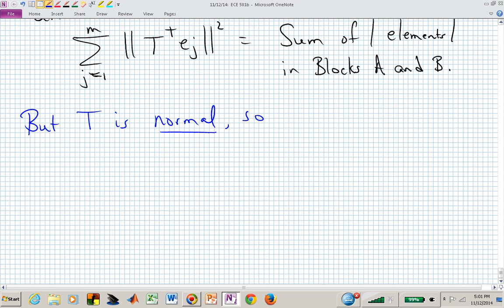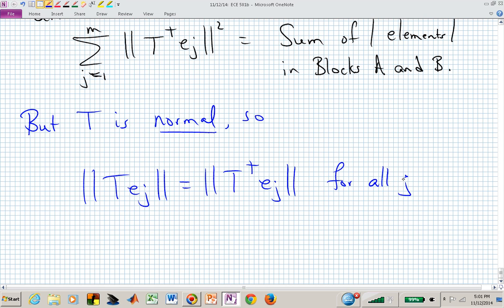And one of the relationships that we know is true if an operator is normal is that the norm of T e sub j is equal to the norm of T dagger e sub j for all j.